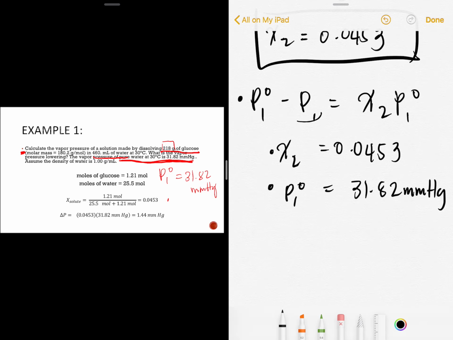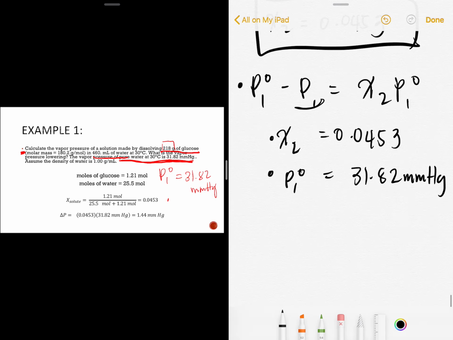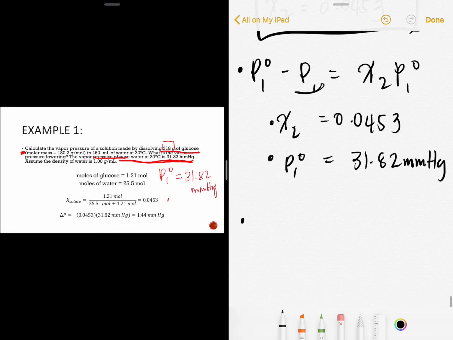Now, you can now solve for P1. Diba? You can now solve for P1. Kasi P1, again, this is the vapor pressure of your solution. We can now solve for this term because you already have the mole fraction of your solute and the vapor pressure of your pure solvent. Okay?